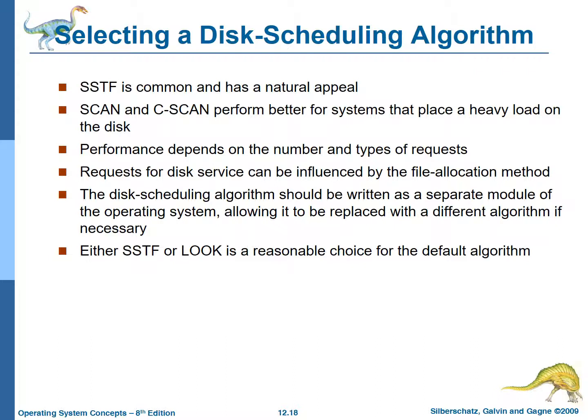Requests for disk service can be influenced by the file allocation method. The disk scheduling algorithm should be written as a separate module of the operating system, allowing it to be replaced with a different algorithm if necessary. Either SSTF or LOOK is a reasonable choice for the default algorithm.